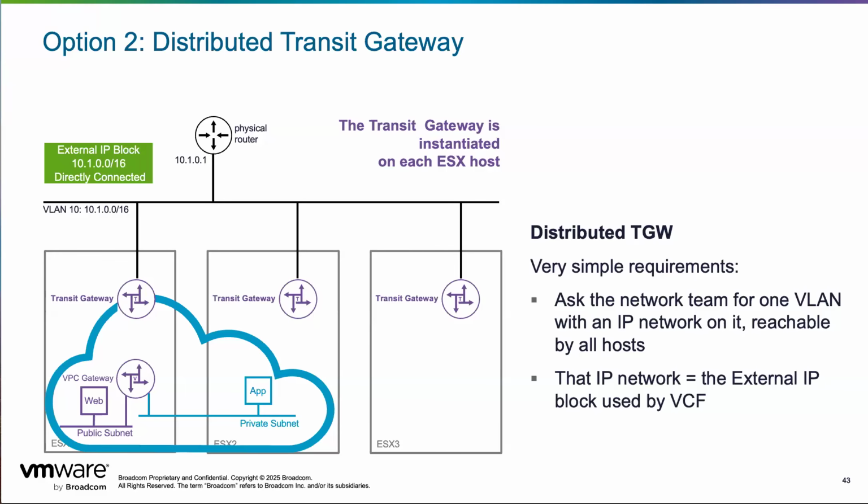And the only requirement that we're introducing is that all your ESX hosts have to be attached to a common VLAN with a subnet. So this is a strong requirement, by the way, but assuming that you have a modern physical fabric, like a fabric capable of running VXLAN or VXLAN with EVPN, this is something that can be achieved at scale and in a reliable way.